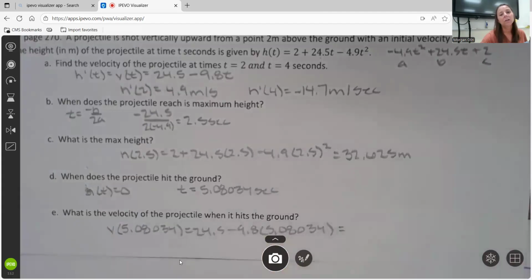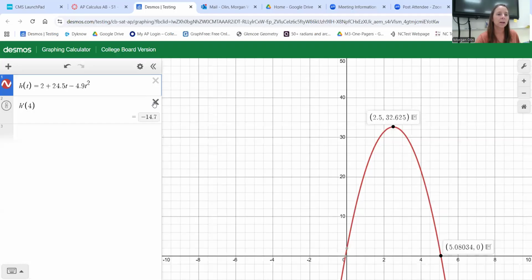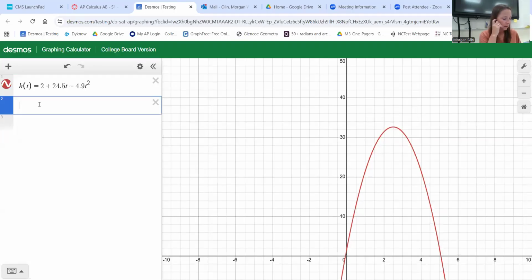Now, again, you can use Desmos on this. Here we already have the function h of t, so we can just do h prime, and then we plug in that number, 5.08034. And we can tell that it's going to be negative 25.287332. I like to just write them all down.